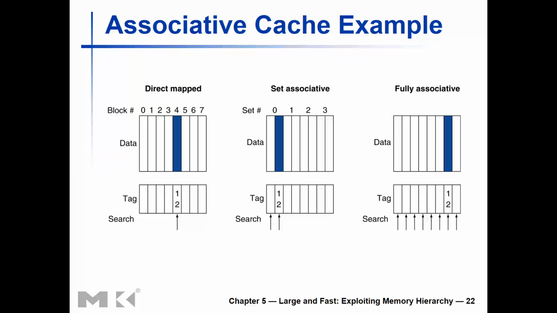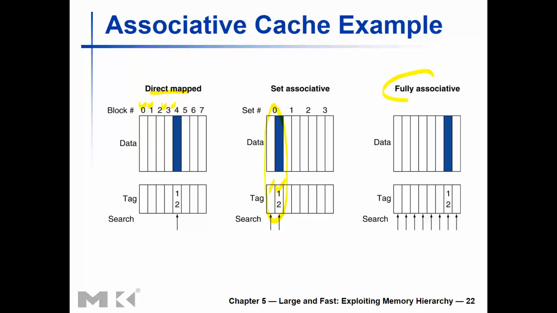Okay, and here's an example of a direct map. You can see we have 8 blocks. Every block is a set, right? So we have 8 sets. If you have a two-way set associative cache, this is a set. So if your block maps to set 0, you have to search 2 blocks.